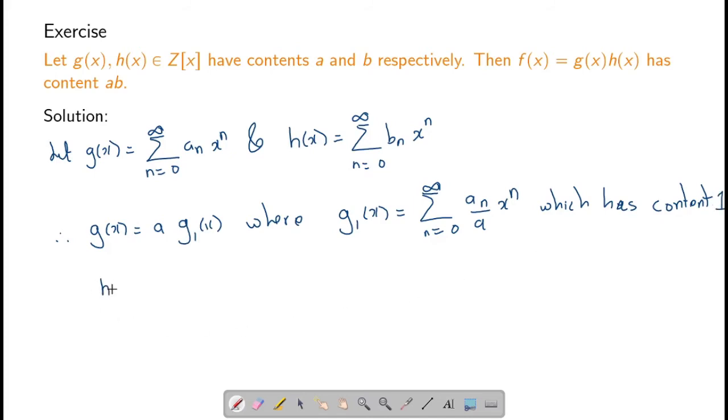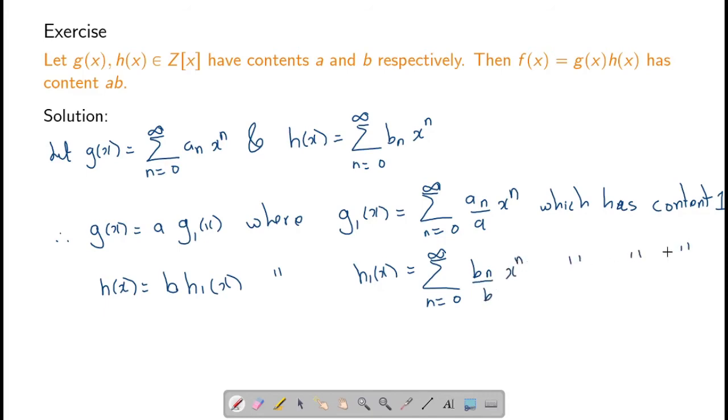Similarly, we can write h of x as b times h1 of x, where h1 of x is summation n going from 0 to infinity bn upon b x raised to n, again which has content 1.